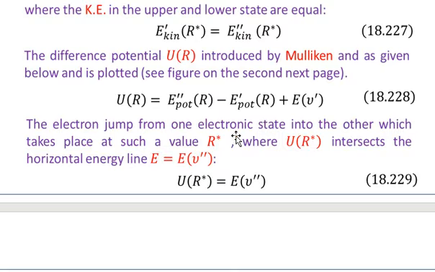The electron jumps from one electronic state into the other at such a value of R star where U of R star intersects the horizontal line E of V double prime at two points, R1 star and R2 star, which I have explained in the diagram.